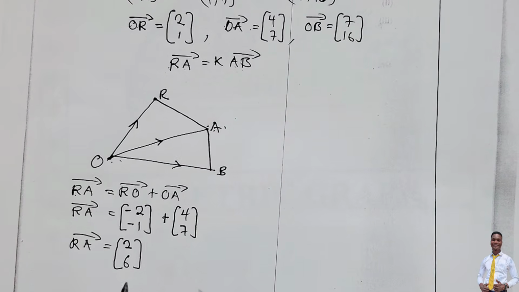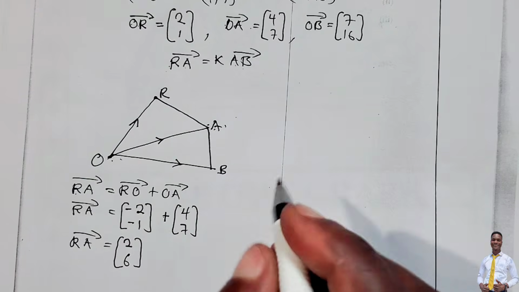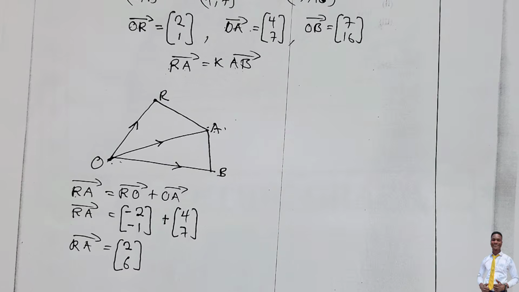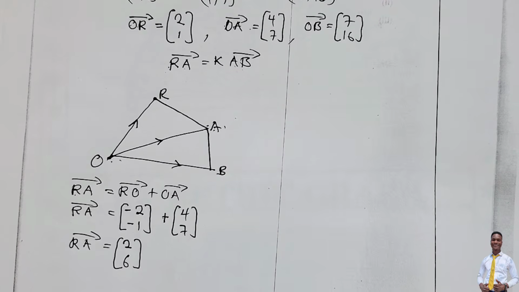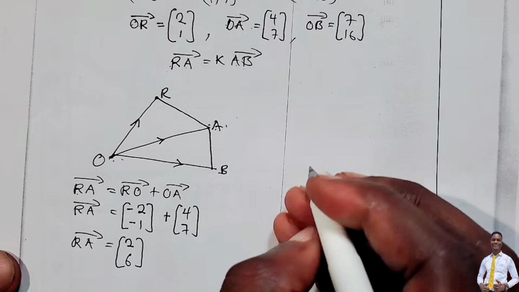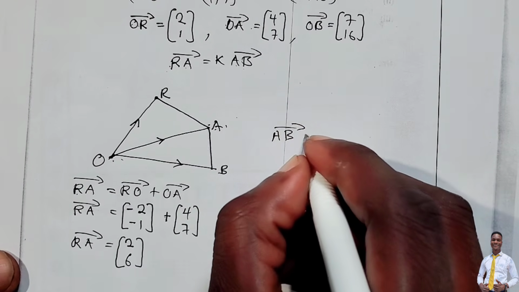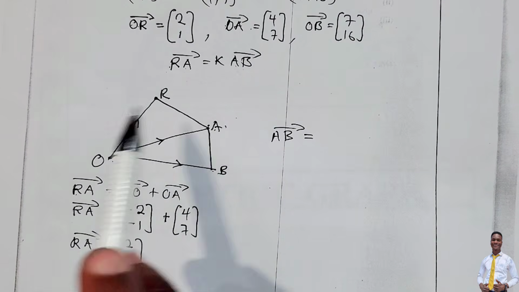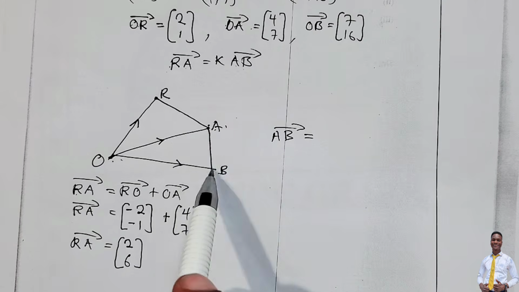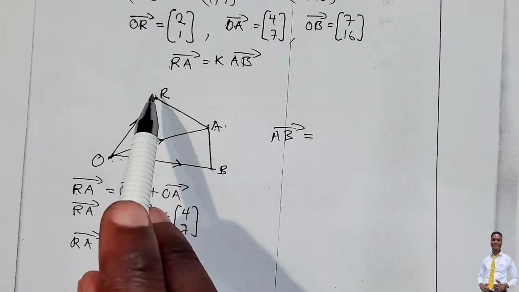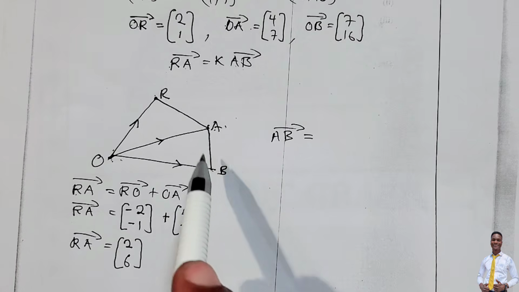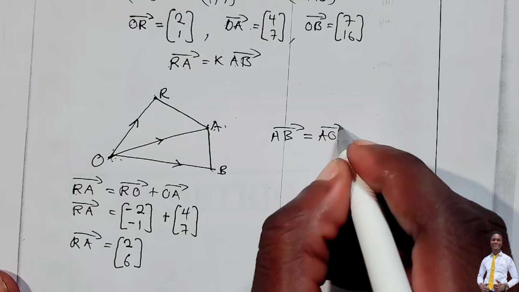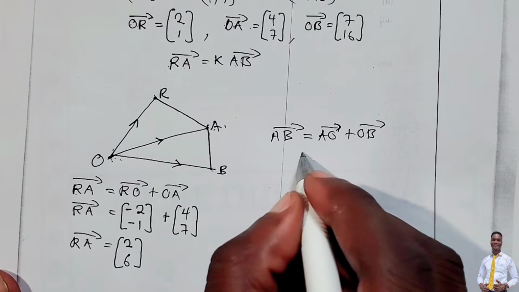We have found RA. Let's now find AB. It's good even to draw this sketch because it's helping. For AB, you can move either O plus OB, but let's just use the shortcut: AO plus OB directly.